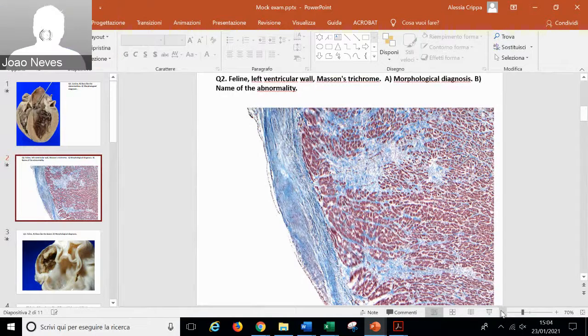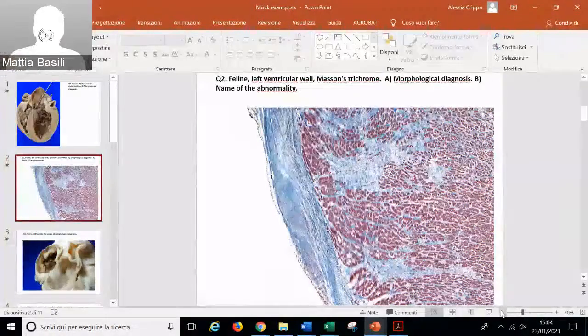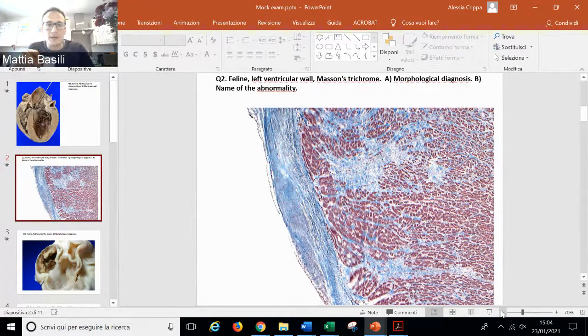Thank you, Joao. Mattia, what about you? So yeah, same. This one I think I was slightly more correct. So I got the fibrosis. My definition was myocardial fibrosis plus subendocardial fibrosis.